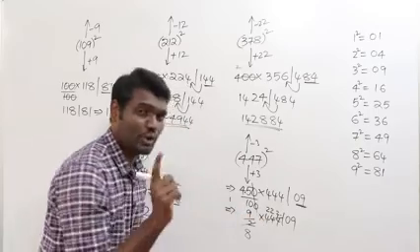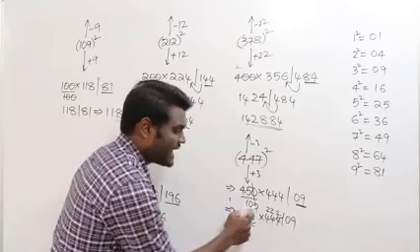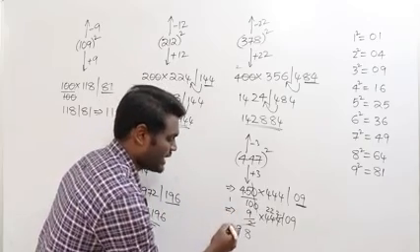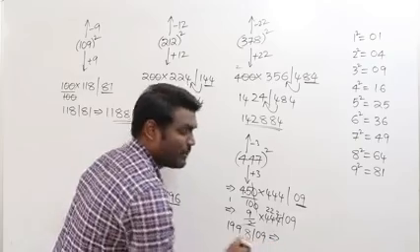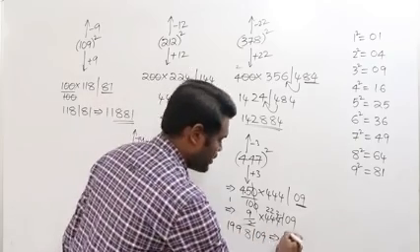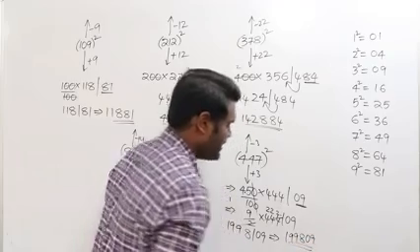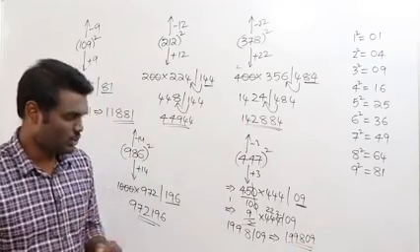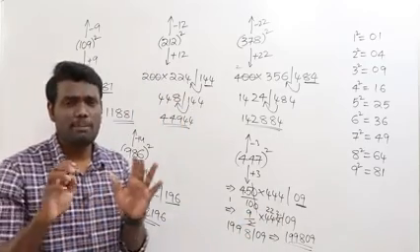Next, 9 into 2, 18. 18 plus 1, 19. 1 carry and this will be 9. Next, 9 into 2, 18. 18 plus 1, 19. So this is 19. And you have 09. Okay. Now you can combine both of them and you can say it will be 199,809, which means 447 whole square will be 199,809. Okay, these are simple calculations.